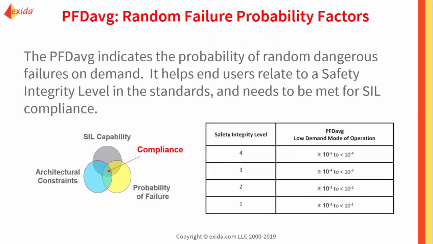That long drawn out equation actually goes hand in hand with SIL tables in the standard. In IEC 61508 and IEC 61511, there are tables equating PFD average ranges with a safety integrity level, or a SIL.